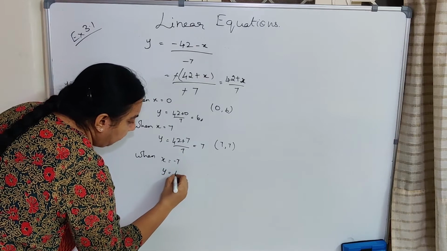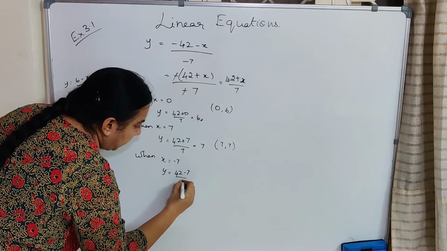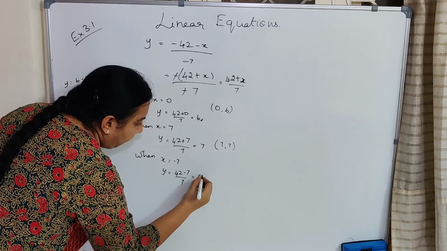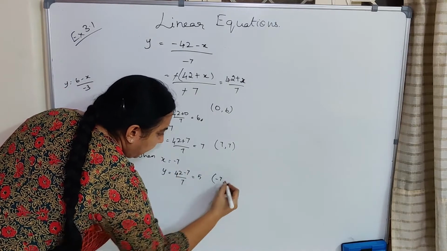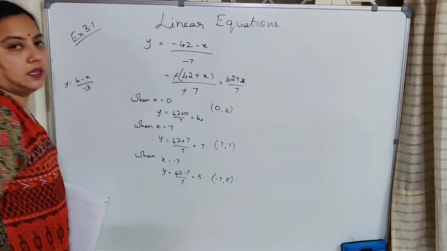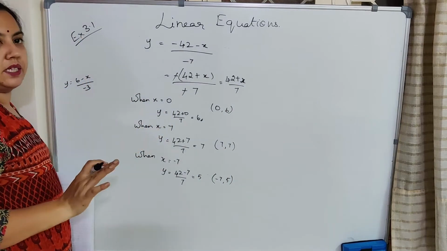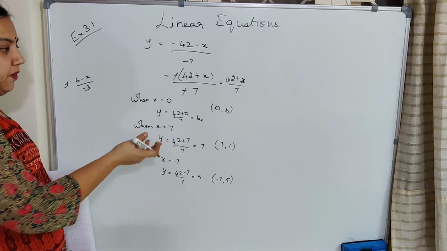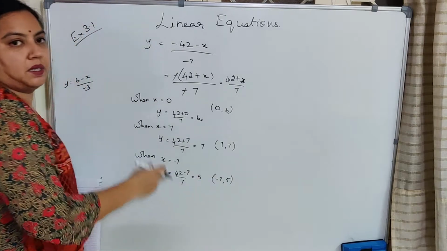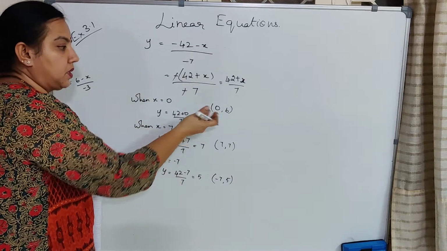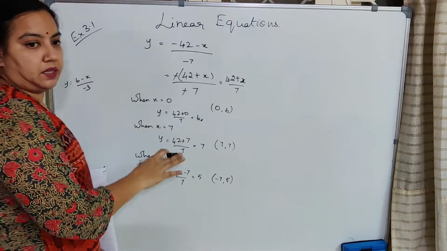So y becomes 42 minus 7 by 7, and that is equal to 5. Here x's value is minus 7, y's value is 5. So these are the 3 points. For this, 3 is enough. If you are comfortable, you can add 2 more points also, no problem. But I have a point with a minus number, 0, and also a positive number, so I am stopping with the 3 points.